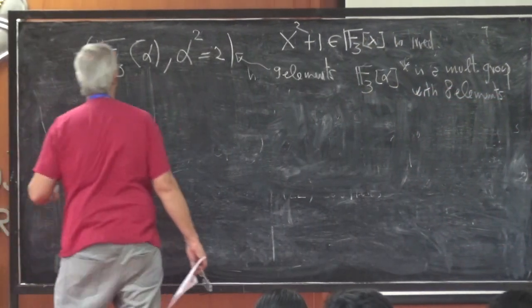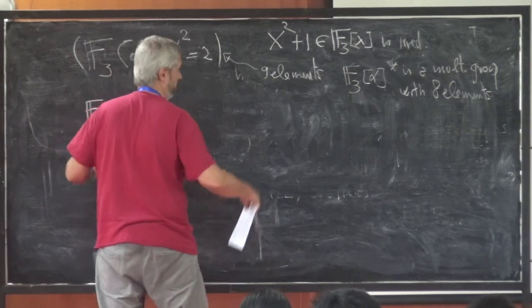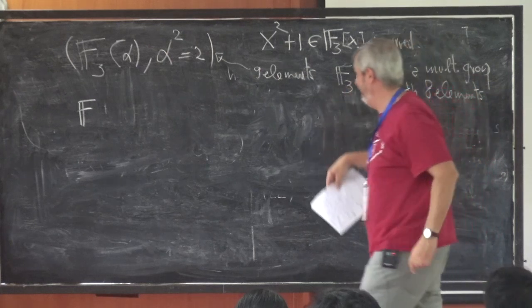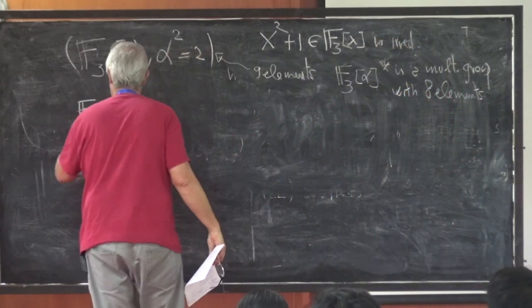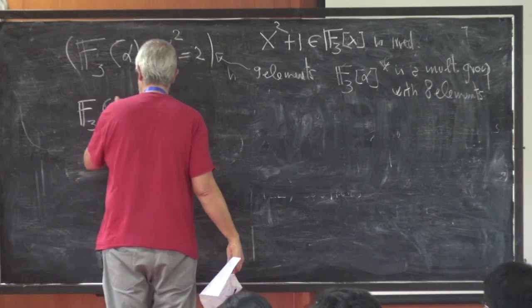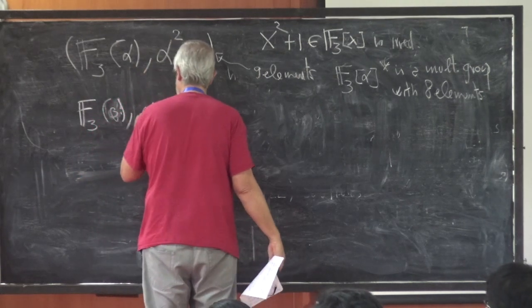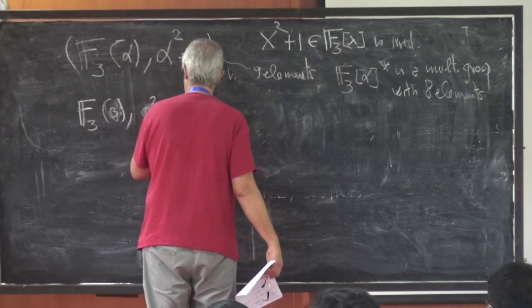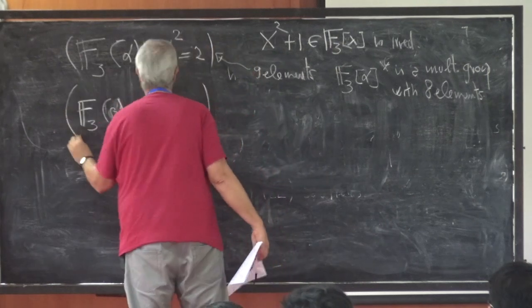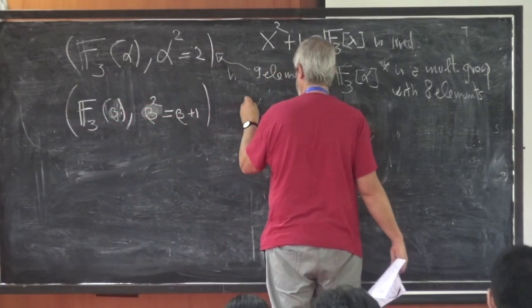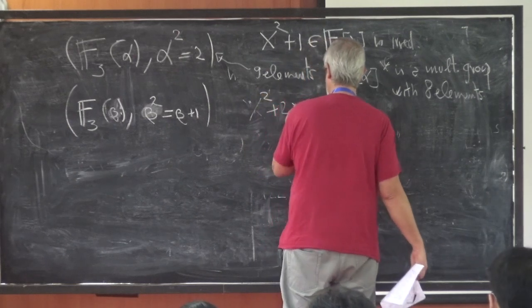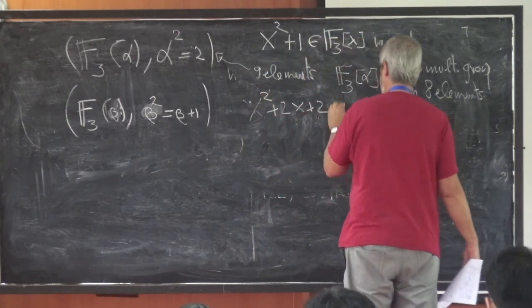So the exercise was to write down the multiplication table for this, right? And then there was this other example. So I'm just going to give another name to the generator, beta. And the stem is the following. And again, the polynomial in this case, x squared plus 2x plus 2, is irreducible.